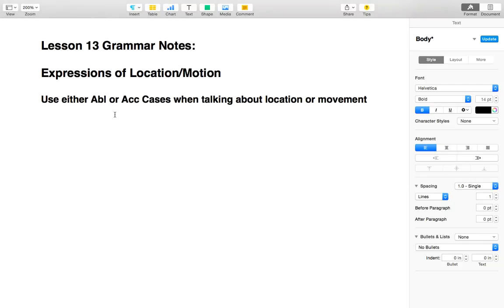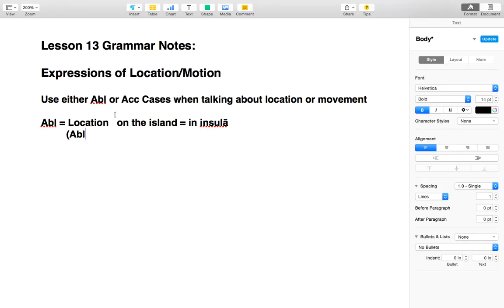So, use ablative for location. You say on the island. That has always been, since early in 6th grade, an ablative of location.